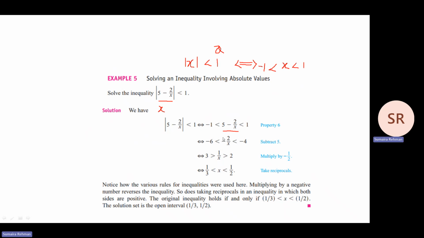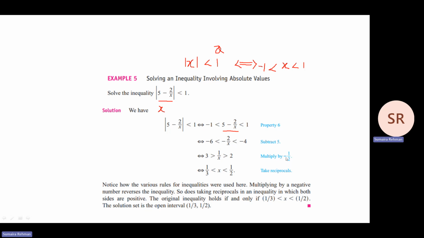You can remove this by adding 5 throughout the inequality. If you want to add here in order to cancel out from here, this means you need to do the same operation over the right side and the left side. Throughout the inequality, you will perform the same operation. You will subtract 5, and now you will be left with something, then you will multiply throughout the inequality with negative half, or negative 1 upon 2.